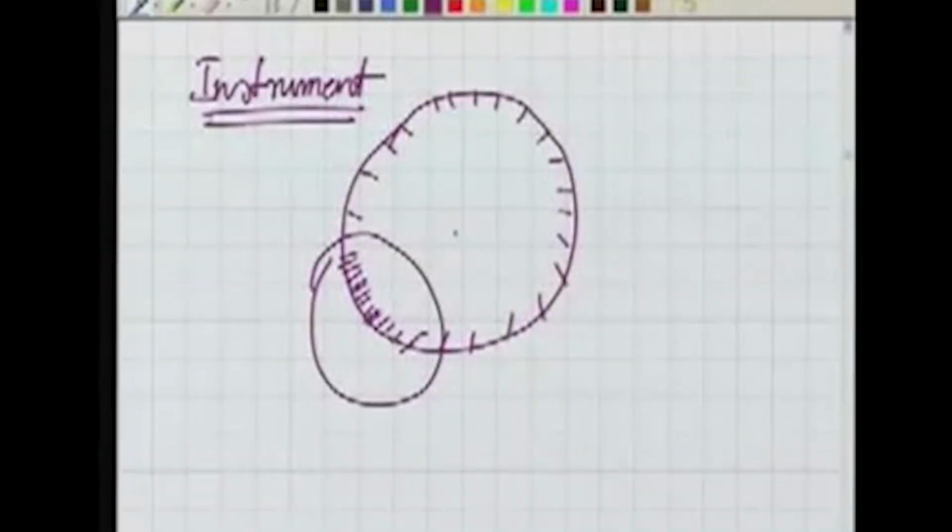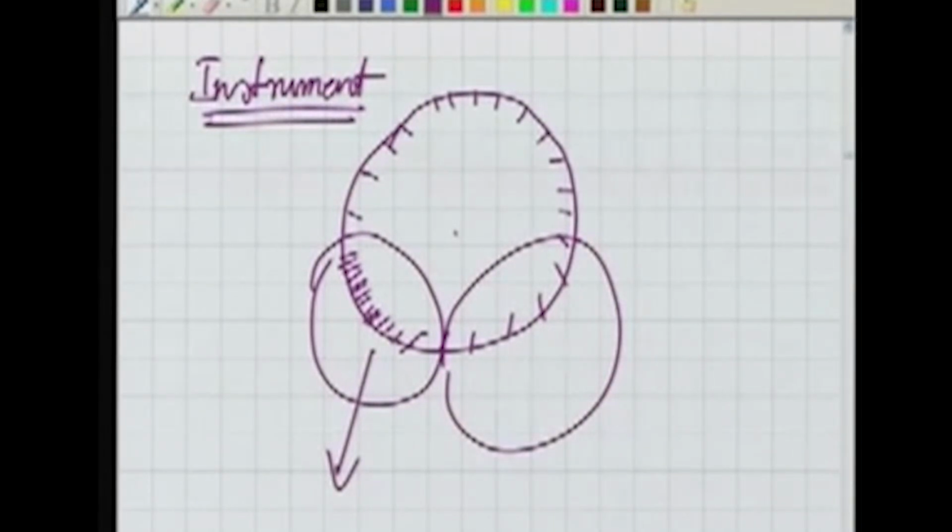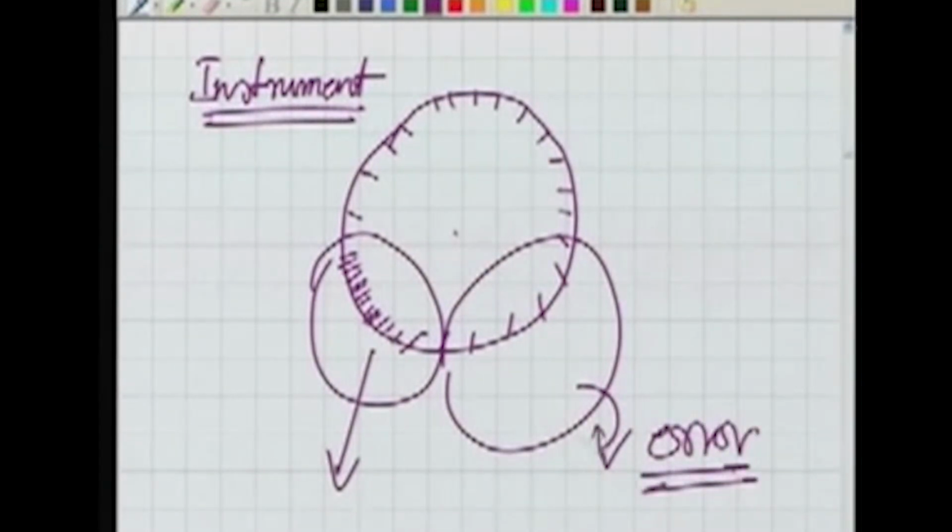So because of this non-linearity, whenever the phase is being measured in those parts where they are very close to each other or very far apart, it will lead to the error. So this is another cause of the cyclic error, which is because of the instrument.